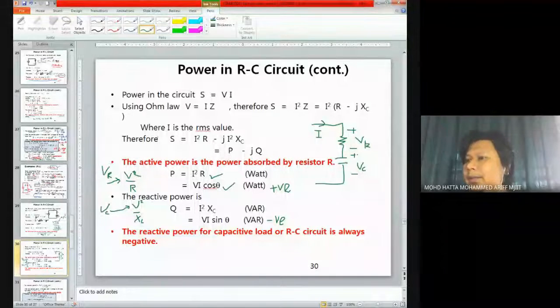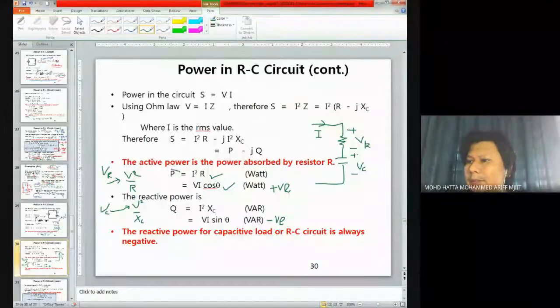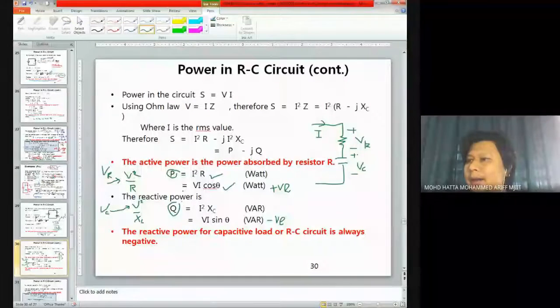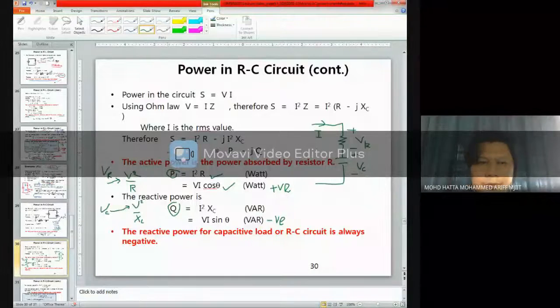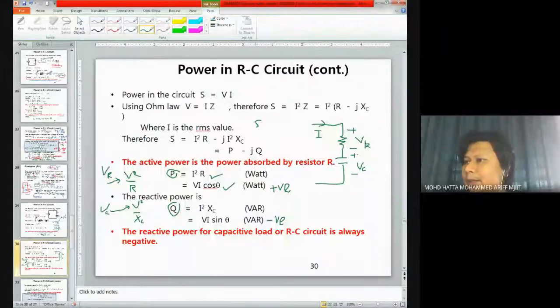All right. Once you calculate P and Q, you can combine P and Q in order for you to get the complex power of your circuit. And the complex power over here is given by S equals P minus jQ.